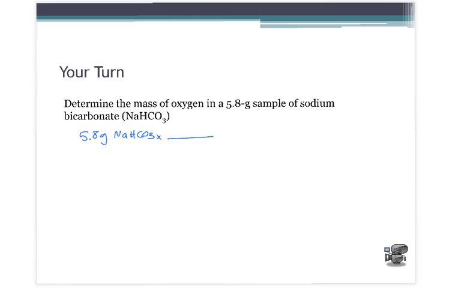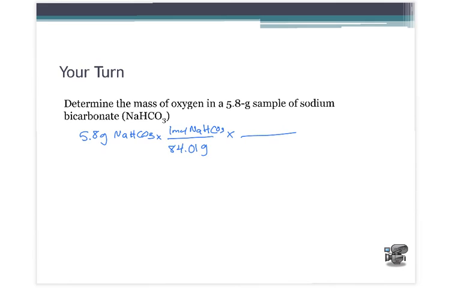We're speaking mole to mole. So we know we're going to use the formula mass of sodium bicarbonate, which is 84.01 grams per 1 mole of sodium bicarbonate.